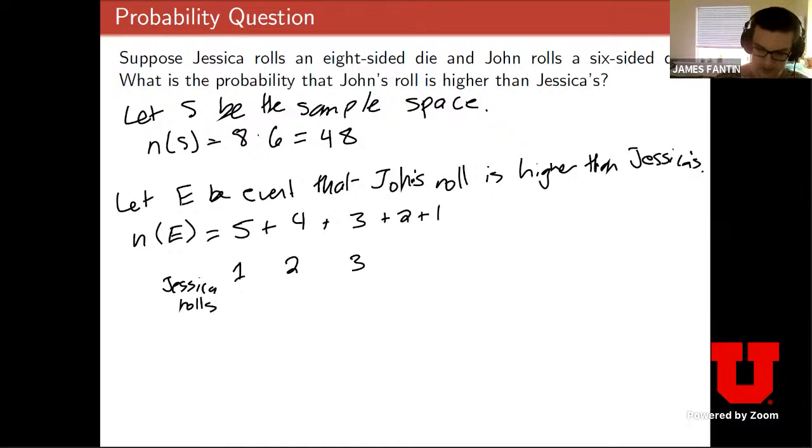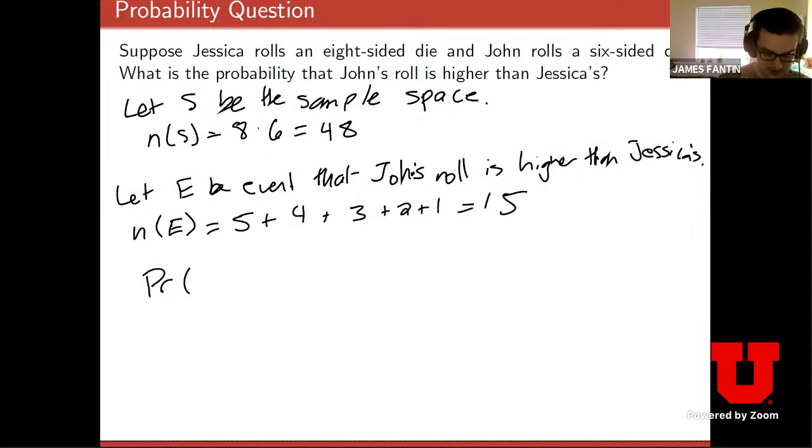So the total number is 5 plus 4 plus 3 plus 2 plus 1, and that's 15. So there's 15 total rolls in which John's roll will be higher than Jessica's. So the probability that event E happens, that John's roll is higher than Jessica's, is just the number of ways that event can happen divided by the total number in our sample space.